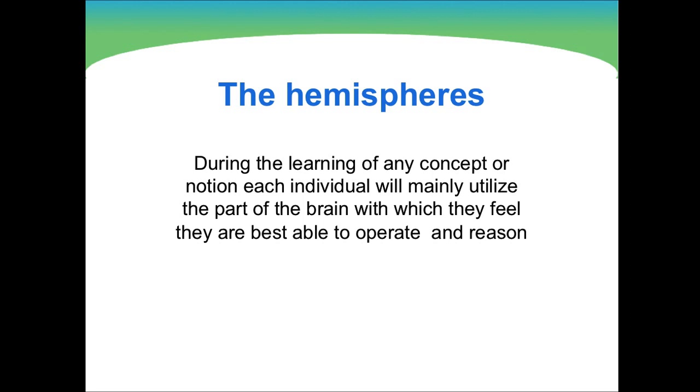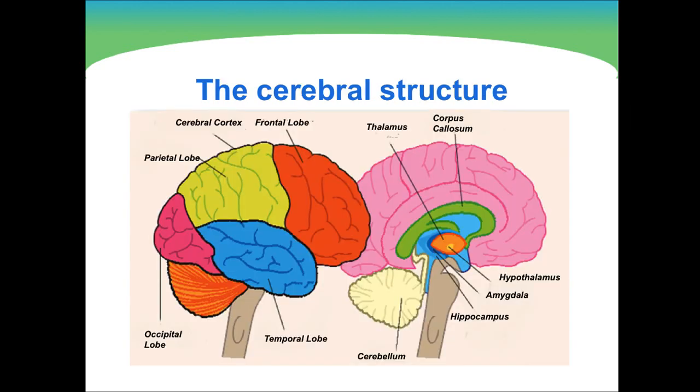Now let's look in detail at how each hemisphere is organized. Each cerebral hemisphere is divided into a further 4 components, as can be seen in the illustration. At the back of the human brain is located the occipital lobe that manages the visual sense.